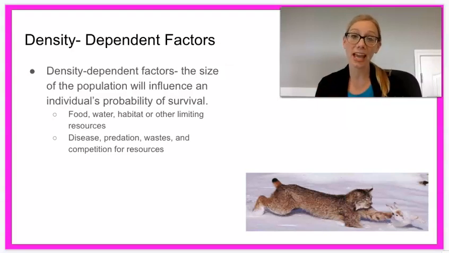And things that depend on the density are things like food, water, habitat, other limiting resources. Sometimes this can be disease, predation, waste, and competition for resources. Basically, these are all things that depend on how many individuals are in a given space. That will influence population size, so that's why we say it's density dependent.